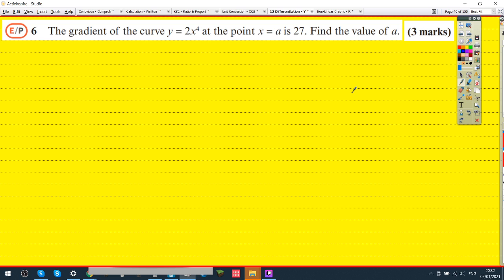Like multiply 4 by the coefficient and then take away 1 from 4. What would you get? 8x cubed. Yep. When it says x equals a and the gradient is 27, what is x then? That's what you have to solve. So there's some x coordinate. When you sub it in, you get a gradient of 27.